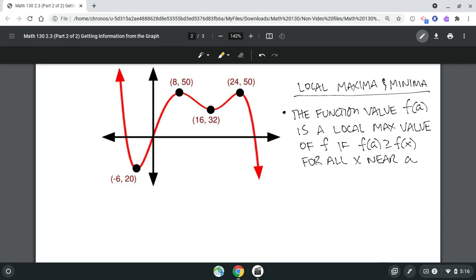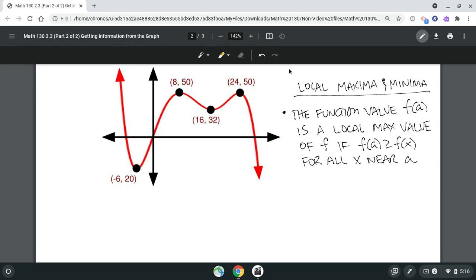So that's what I mean when they say for all x near a. If I do a little neighborhood, then for all the points in this little neighborhood, that one is the largest y value. Okay, so 50 would be a local max.